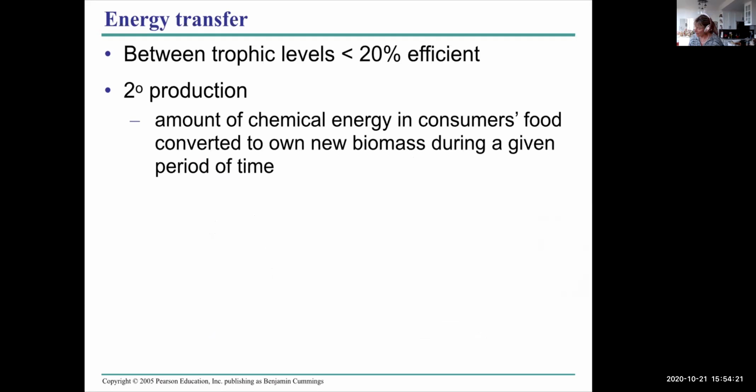And that's the amount of chemical energy in the consumer's food converted to its own new biomass in a given period of time. New biomass. It's not all converted to new biomass because individuals require some of that for cellular respiration. So I'll just write that down.